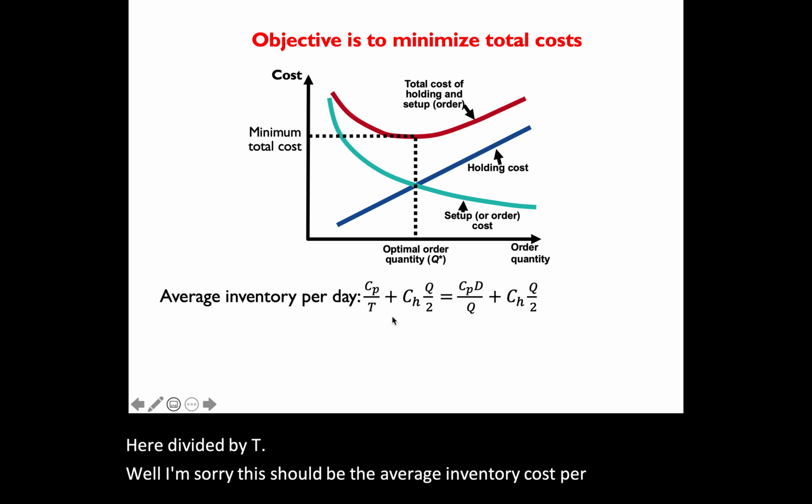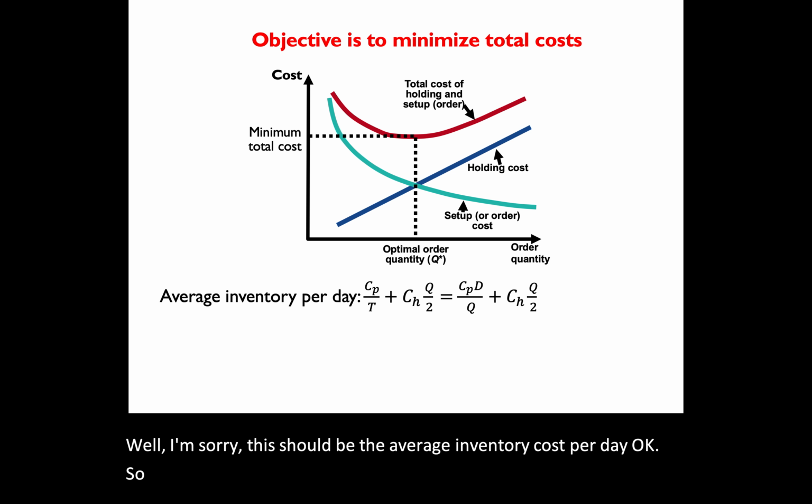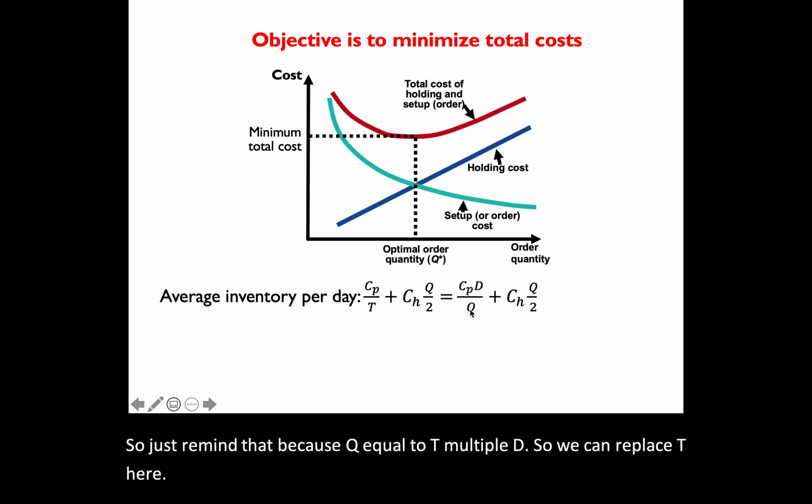Okay, so just a reminder that because Q equals T multiplied by D, we can replace T here by Q divided by D.